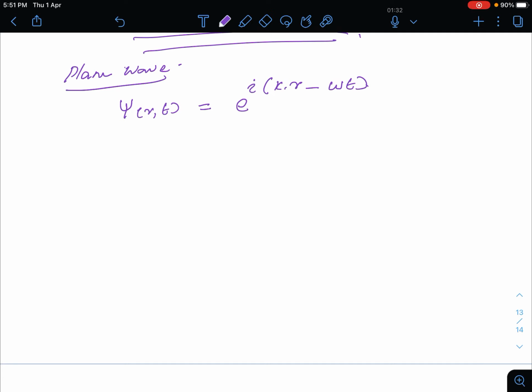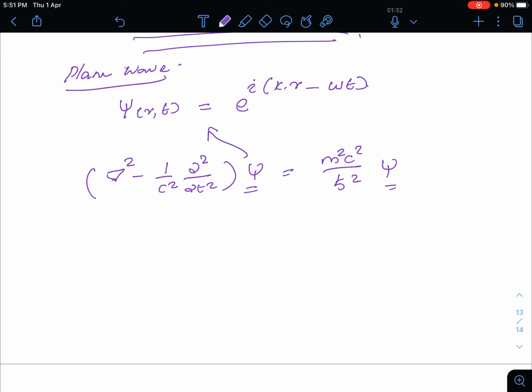Now in our Klein-Gordon equation, del square minus 1 by c square dou square by dou t square psi is equal to m square c square by h cross square psi, which is very symmetric and easy to remember, instead of this psi, I'll be using the plane wave solution.